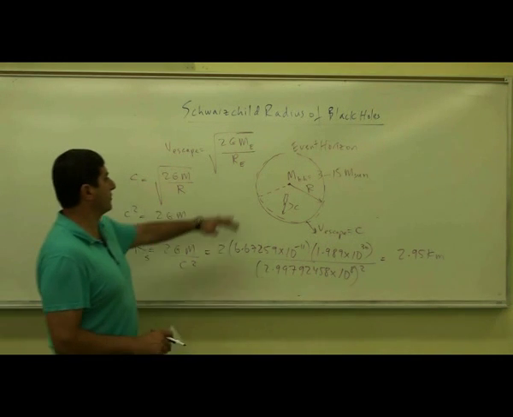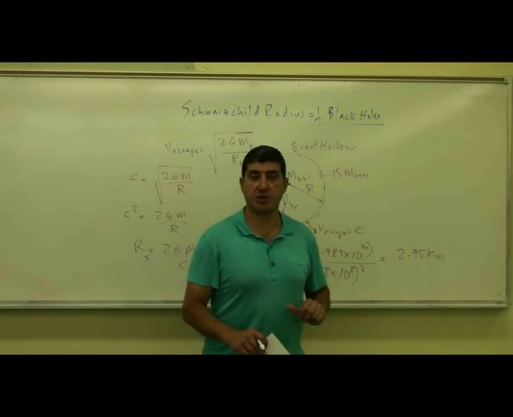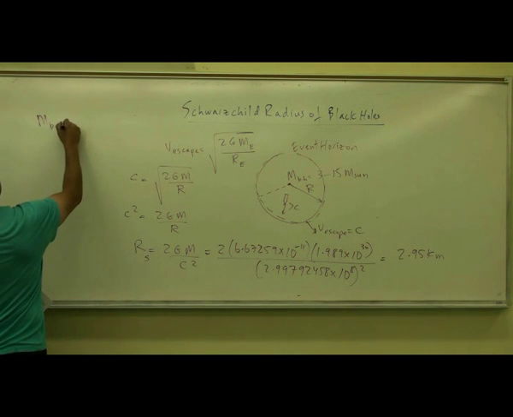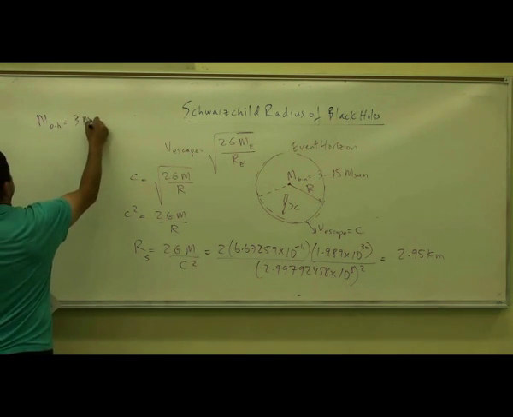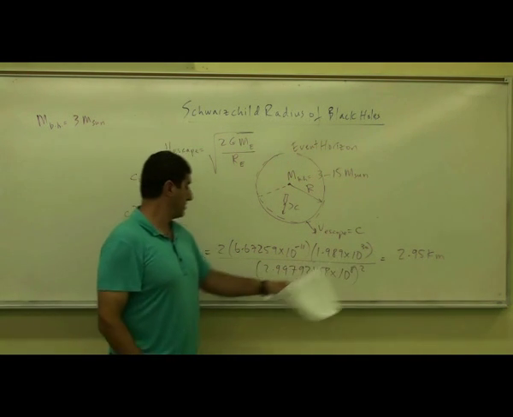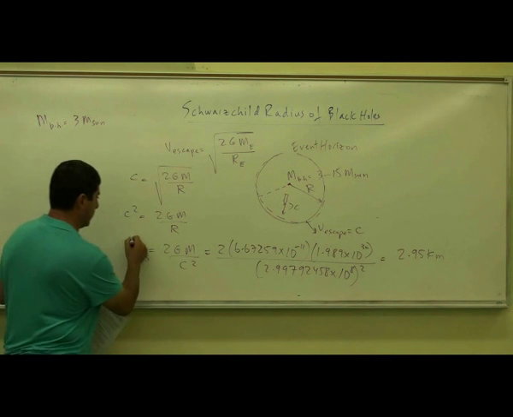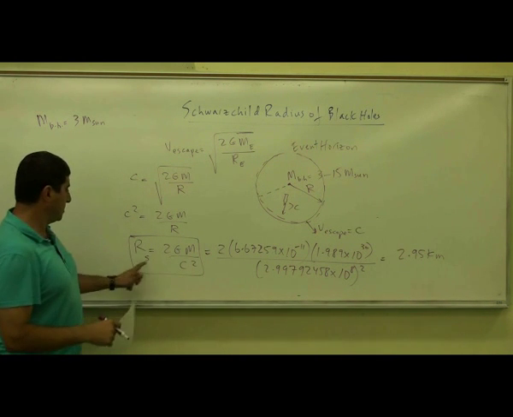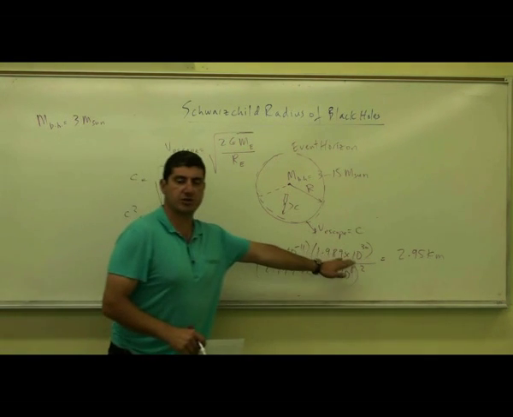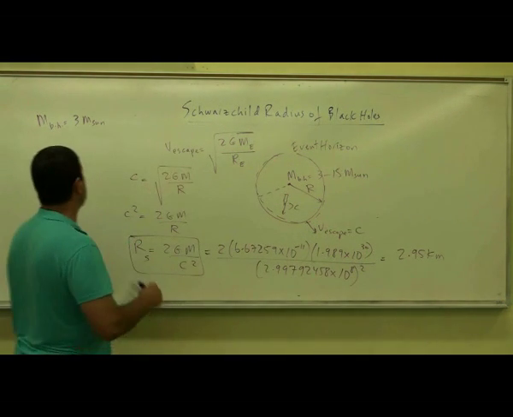Since we said over here that the lightest black hole is 3 solar masses, then it's going to be 3 times this. You can see here that the Schwarzschild radius is linearly proportional to the mass of the star. So if it's 3 times the mass of the sun, it's going to be 3 times that.